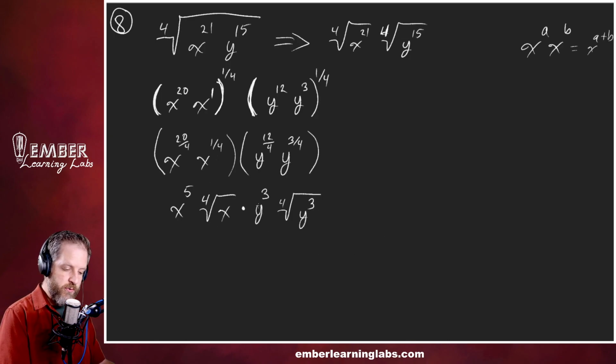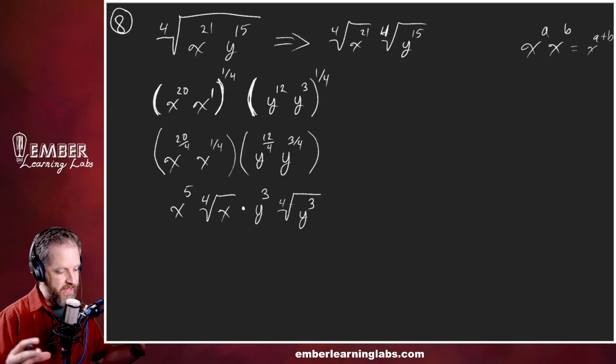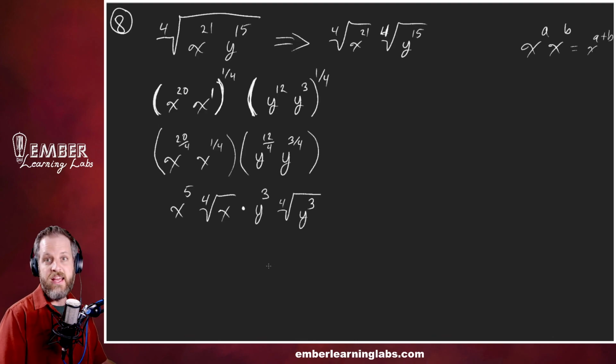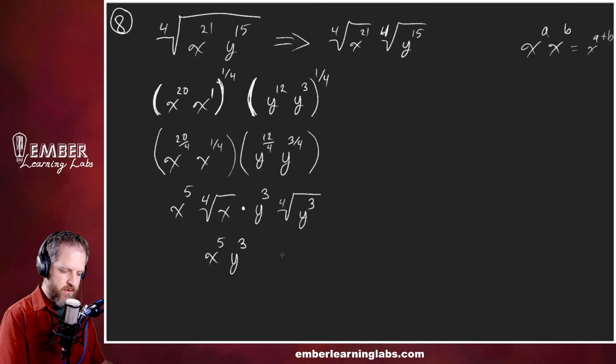So these fourth roots can get shoved back together. Everything that's a fourth root can go back underneath that radical. So on the outside, we've got x to the 5th, y cubed, times the fourth root of x times y cubed.